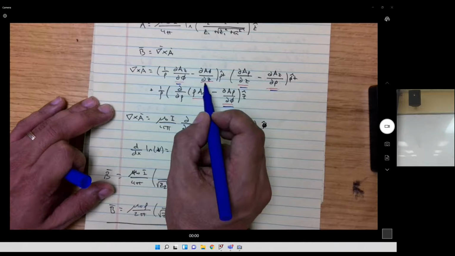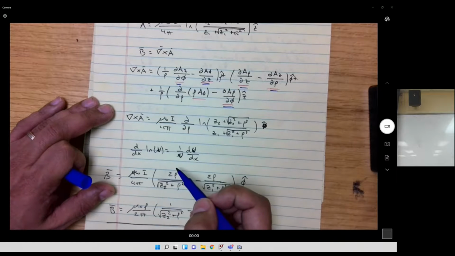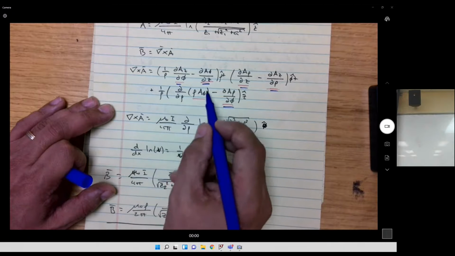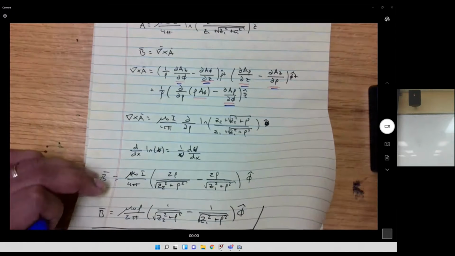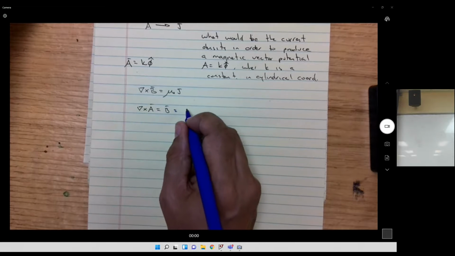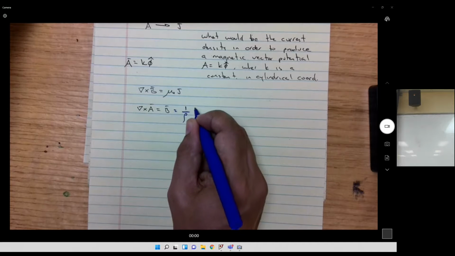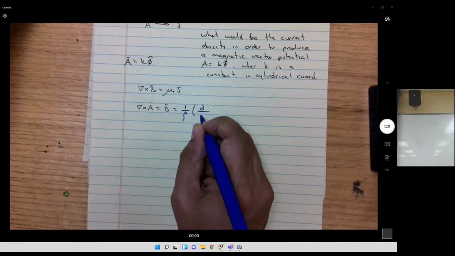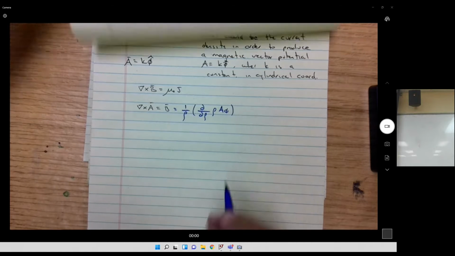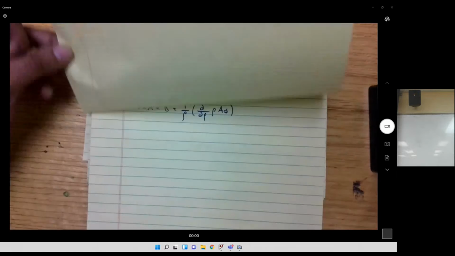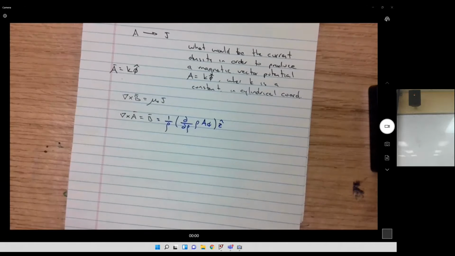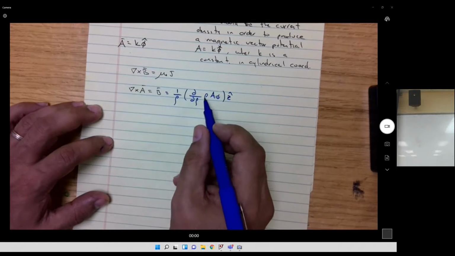So this one is also going to be 0 because we don't have any dependency on Z. So the only one that we need is going to be this one, right? So we're going to have one over rho in the z direction.